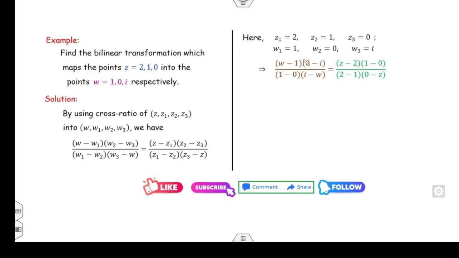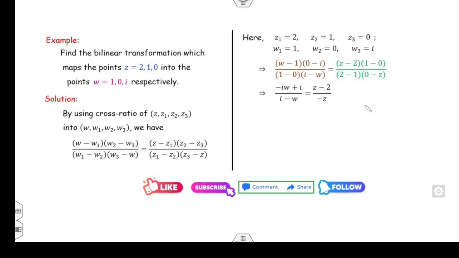Now you can simplify it. The numerator becomes Z minus 2, and the denominator becomes minus Z.